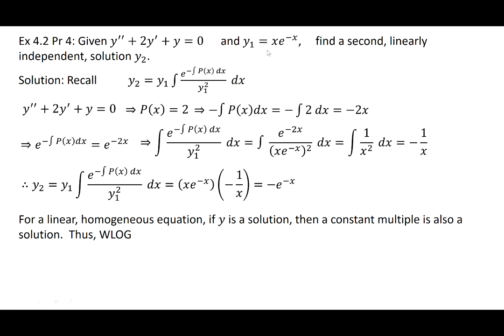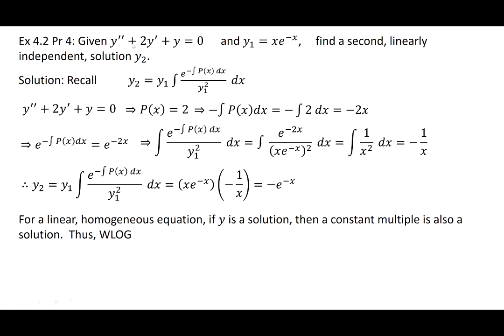Yep. Suppose I were to multiply this by 2 and make it 2x e to the negative x. Would that be a solution? Guaranteed. In fact, I could multiply this solution by any constant and that would still be a solution of this differential equation. That's the nature of linear equations.